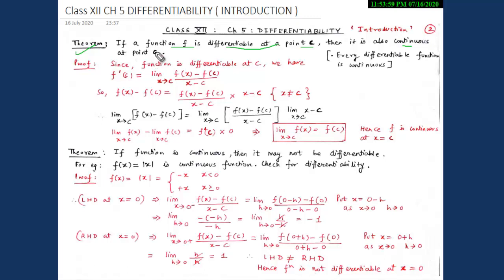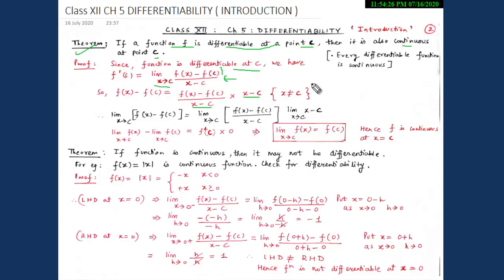So student, since according to our theorem, our function is differentiable at x = c, therefore we can write f'(c) = limit x tends to c, (f(x) - f(c)) / (x - c). And now in place of f(x) - f(c), we can also write (f(x) - f(c)) / (x - c) into (x - c).